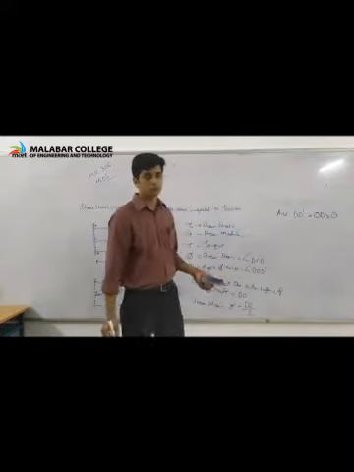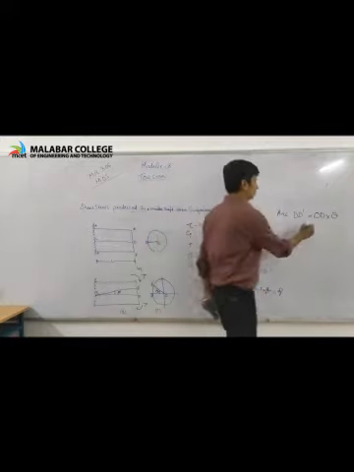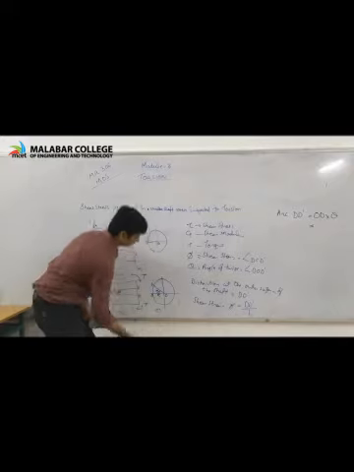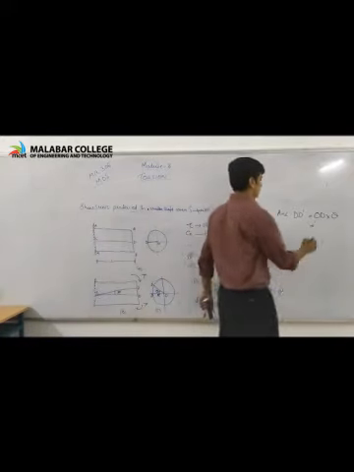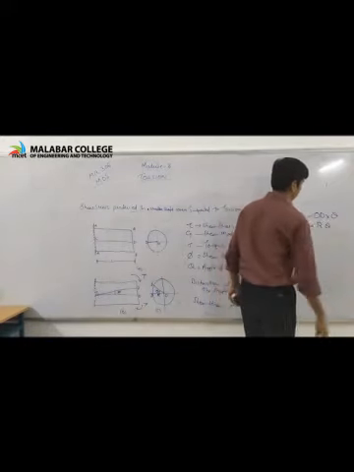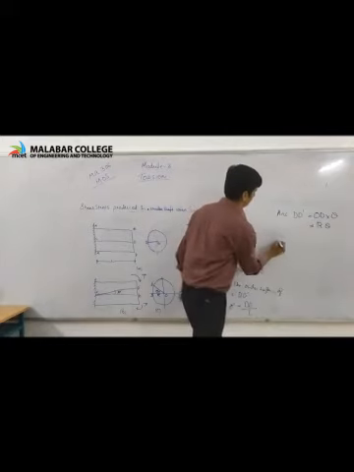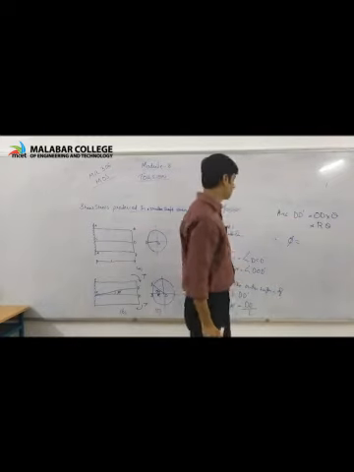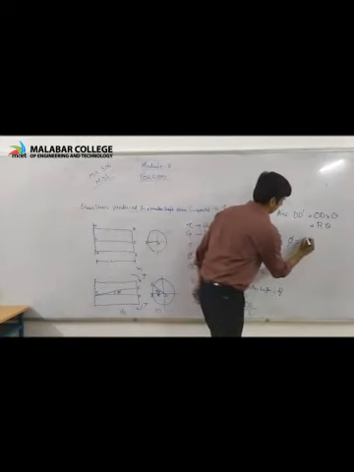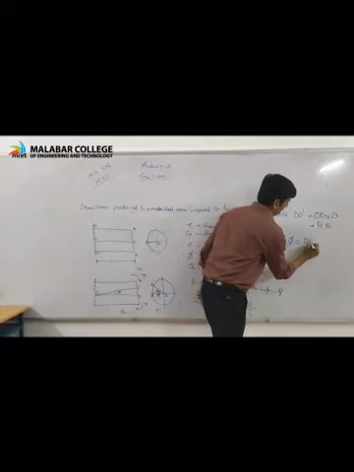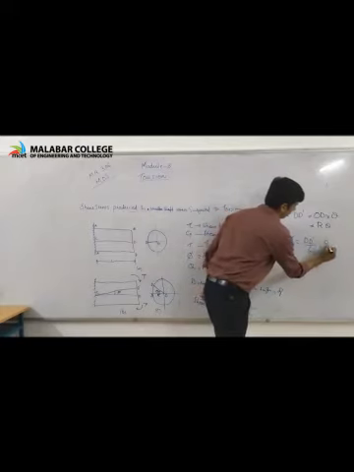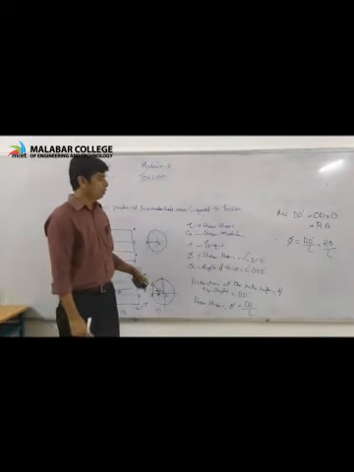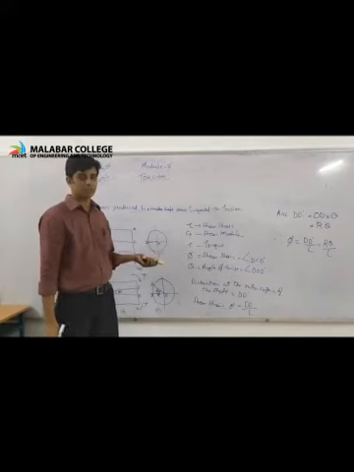OD is nothing but the radius of the shaft, R. So arc DD dash is equal to R into theta. Therefore, shear strain phi, substituting the value of DD dash in the previous equation, is equal to DD dash by L, which is equal to R theta by L. Now we have the value of shear strain phi.